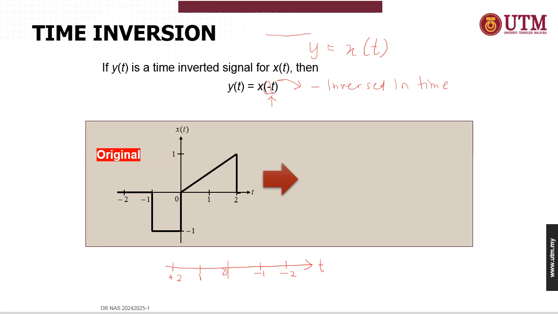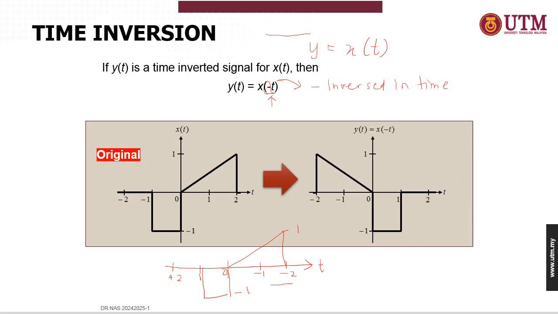But the amplitude remains the same, as 1 and minus 1. Now you can see there's a negative axis on the right, so you need to rearrange the axis back to the original axis. At the end you'll get the new signal y equal to x(minus t).